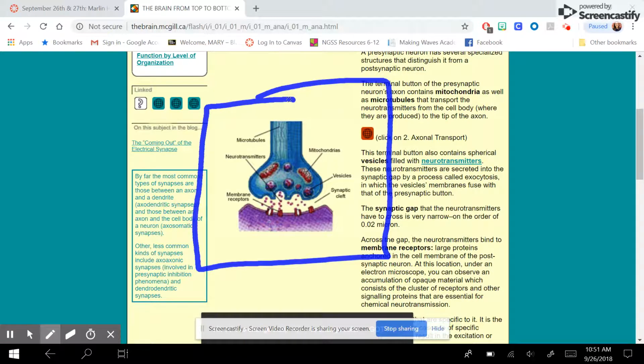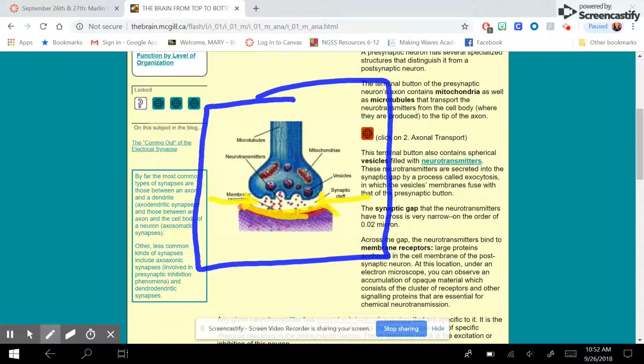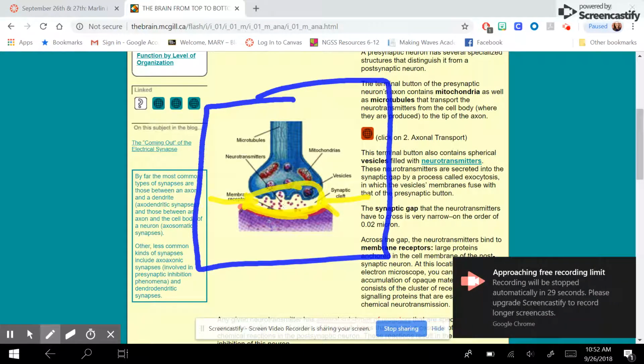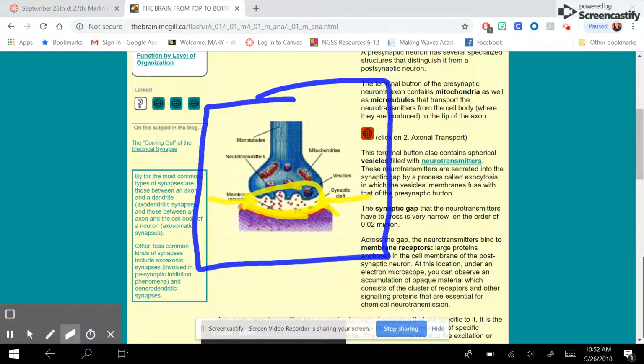What the medication does, if you're taking antidepressants, is block the serotonin for a while from hooking up to the next dendrite, and it will leave the serotonin floating in your brain, so that way you feel happier. So the medicine blocks it from connecting to the next dendrite and has the serotonin linger here for a while. And that's how some antidepressants work.